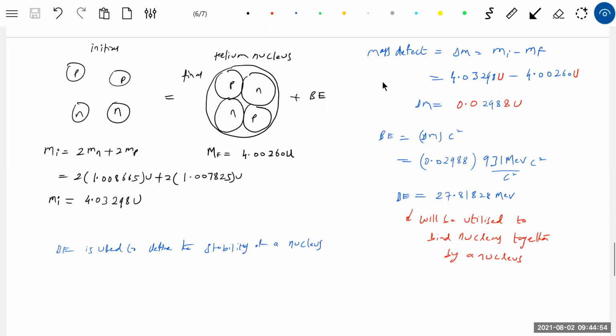Yeah, 0.03038 only. Oh, I have to make all the changes. Here also it will change then. Okay, yeah. Then the final.